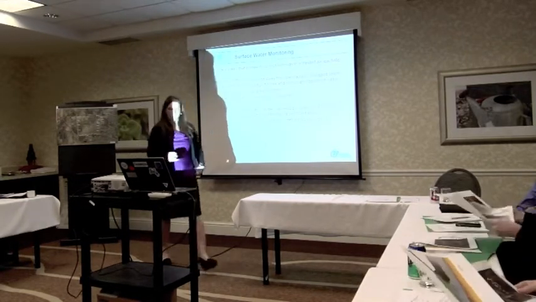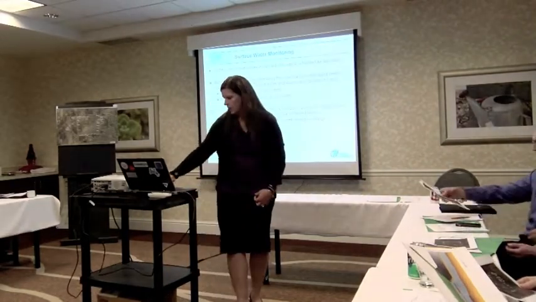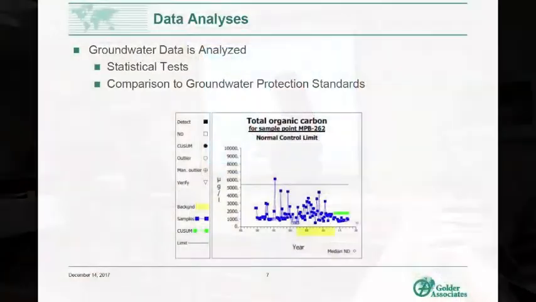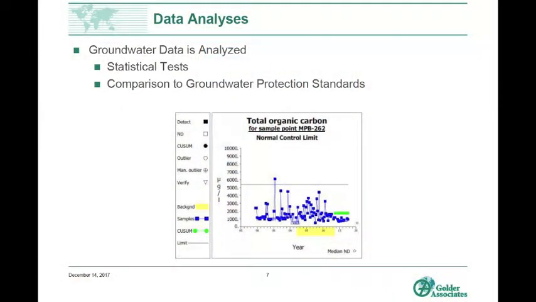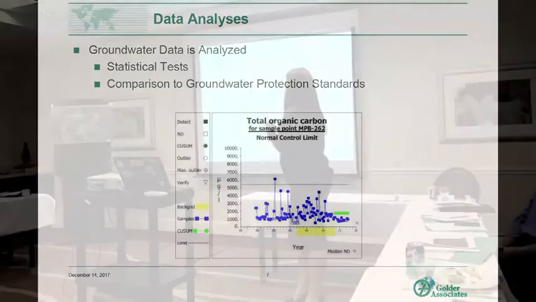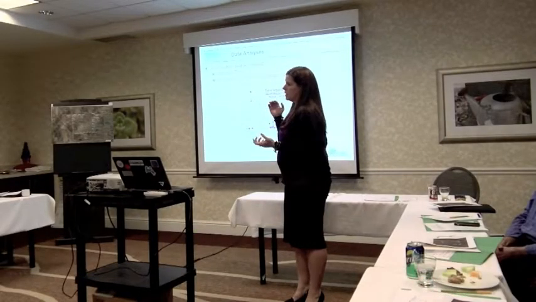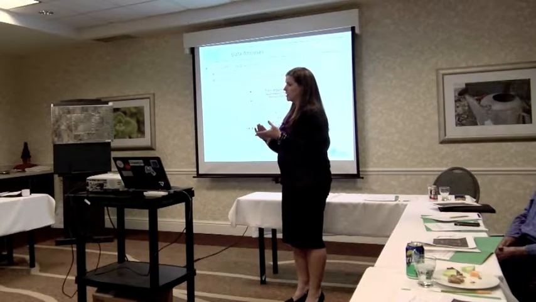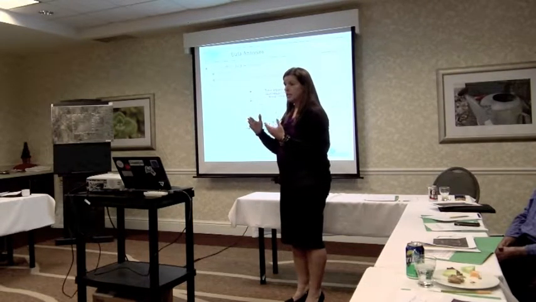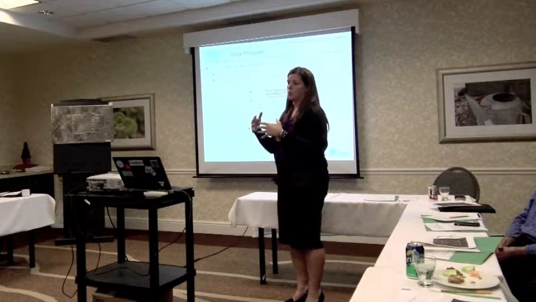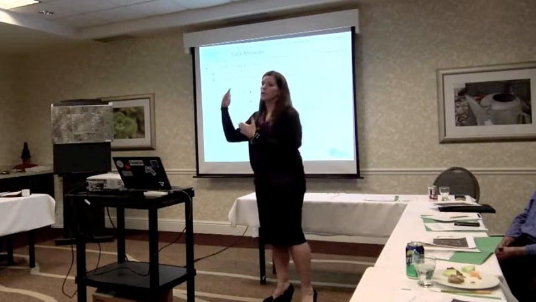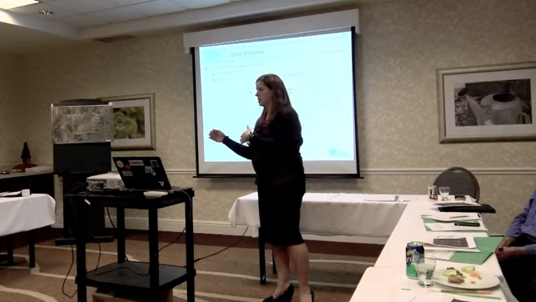Interesting. So going back just quickly, the groundwater data that we collect from each of our monitoring wells, we sample up to 4 times per year. And then what we do with that data, we run statistical tests on it, and then we do comparisons to the state groundwater protection standards. So the statistical test is going to tell me if there's any trends in the data. That's going to help me predict if we're going to see a problem before we get an exceedance of the protection standard.